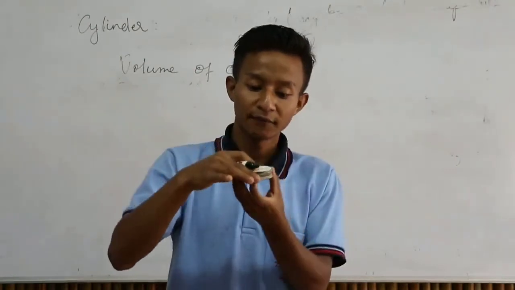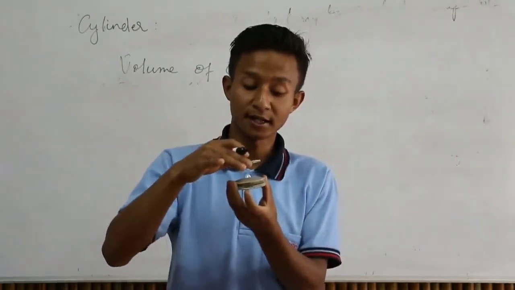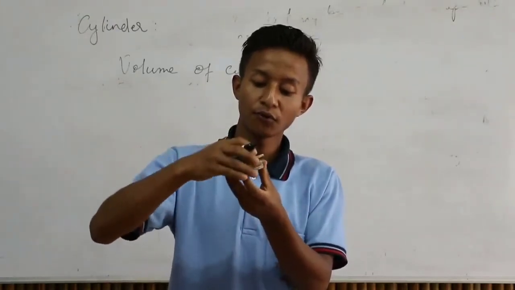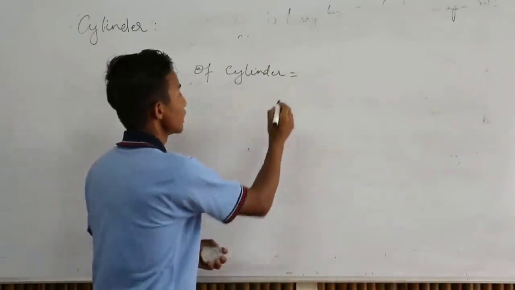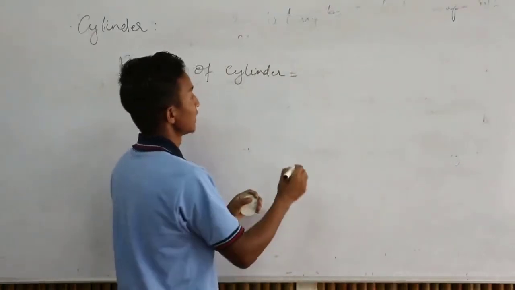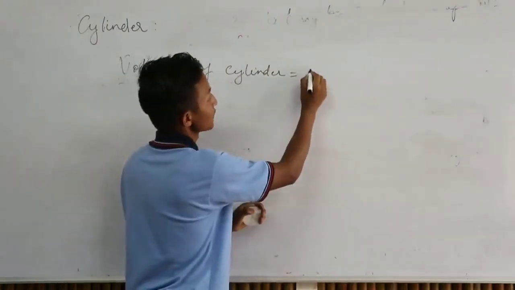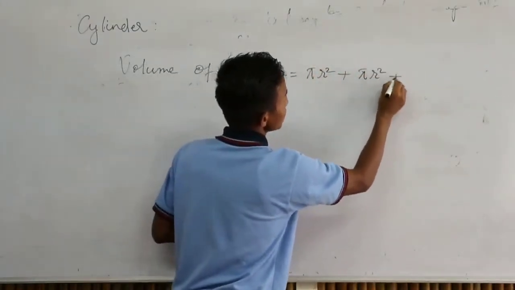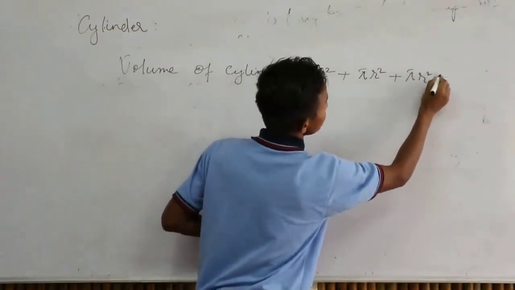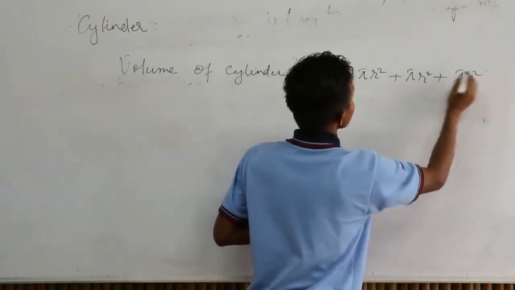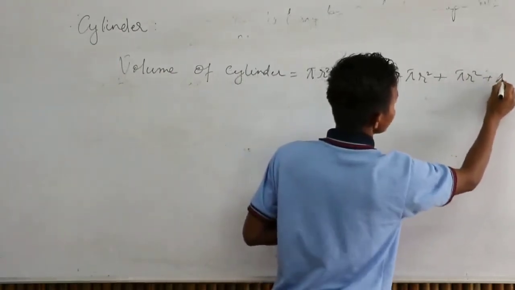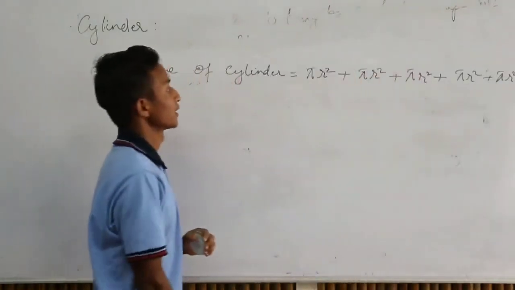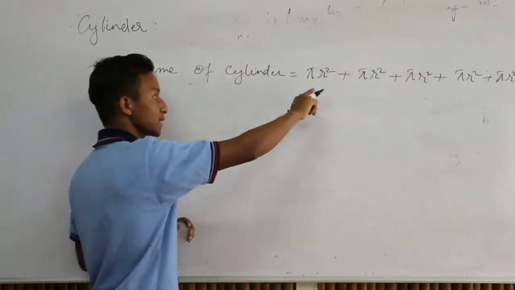How much? First, let me count the circles: 1, 2, 3, 4, 5, and 6. There are 6 of them. It is a circle, so the area is pi r squared. So pi r squared plus pi r squared plus pi r squared plus pi r squared, and 2 more, so there are 6 of them, and it is the same quantity.